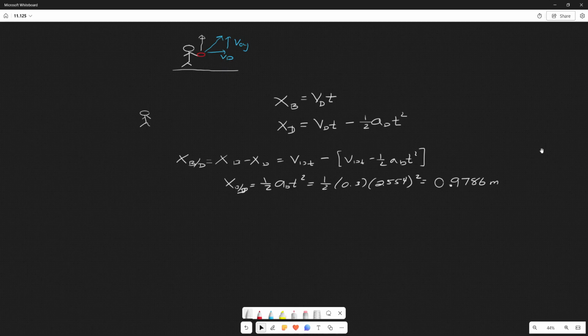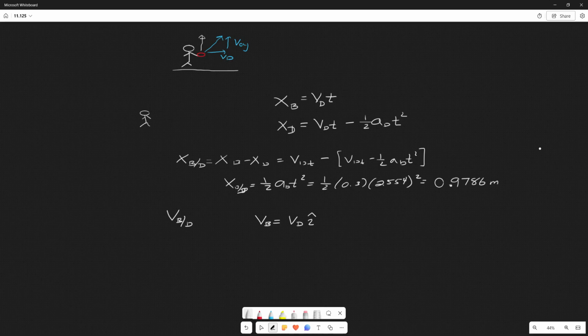The next part of the question asks to find the relative velocity of the ball with respect to the deck when the ball is caught. So what we want to find in this case is v sub bd, the velocity of the ball with respect to the deck. Now, the velocity of the ball has, as we discussed, both an x and y component. The x component is just whatever the velocity of the deck is, so we'll call that v sub d, in the horizontal or x direction, so it's i hat.